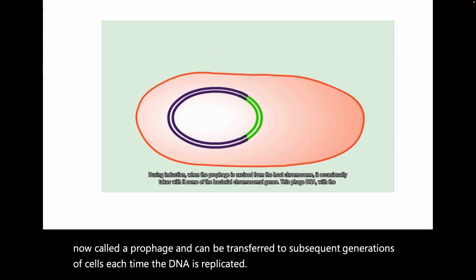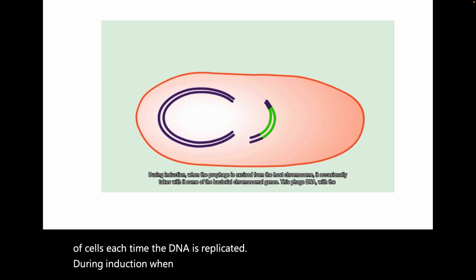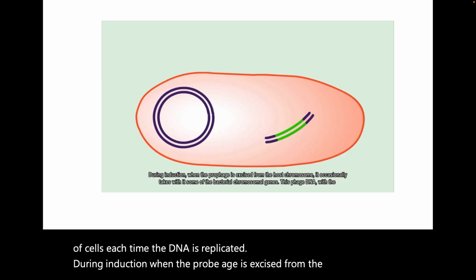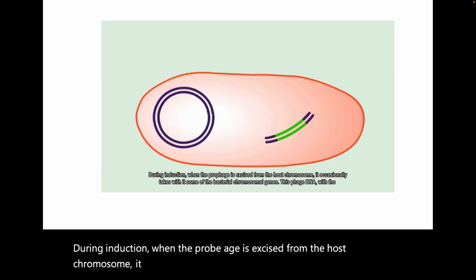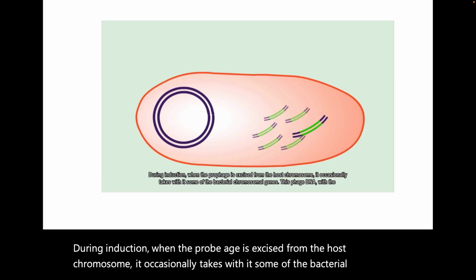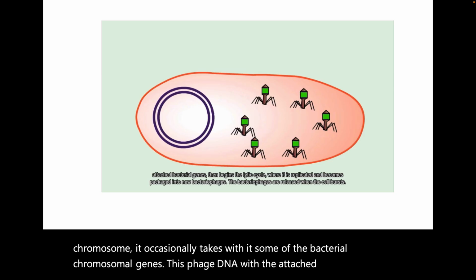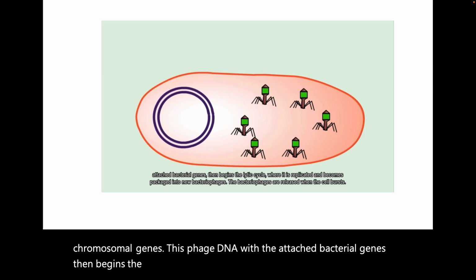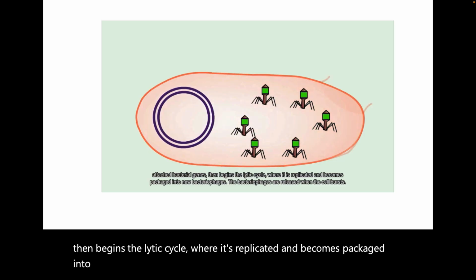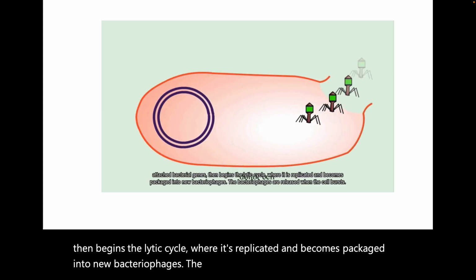During induction, when the prophage is excised from the host chromosome, it occasionally takes with it some of the bacterial chromosomal genes. This phage DNA, with the attached bacterial genes, then begins the lytic cycle, where it's replicated and becomes packaged into new bacteriophages. The bacteriophages are released when the cell bursts.